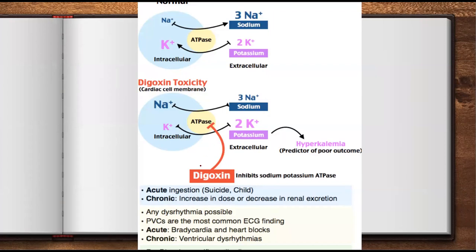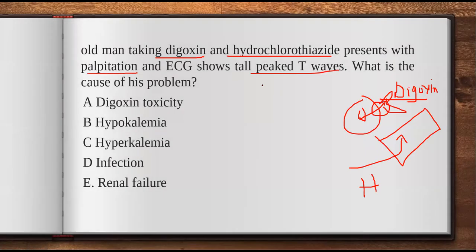But when digoxin toxicity occurs, digoxin will bind to this receptor and stop this exchange. Now, if potassium cannot go into the cell, potassium will be more in your extracellular area, which will lead to hyperkalemia. Again, you can see there is a tall peaked T wave, which is a feature of hyperkalemia.